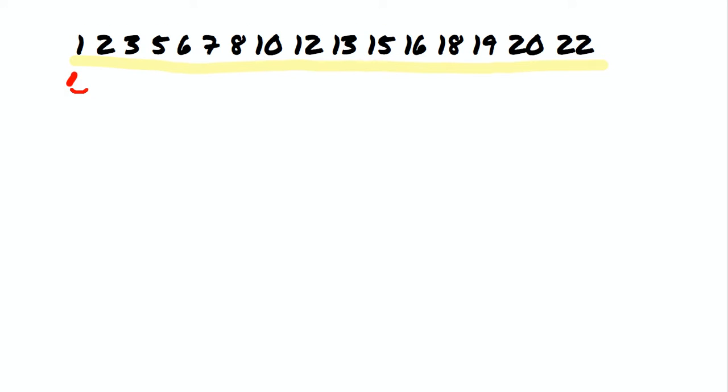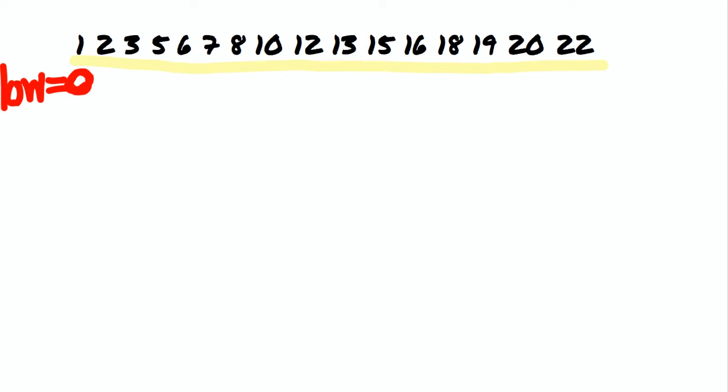Say we have here the low index, which is 0. How many elements are there? 1, 2, 3, 4, 5, 6, 7, up to 16.